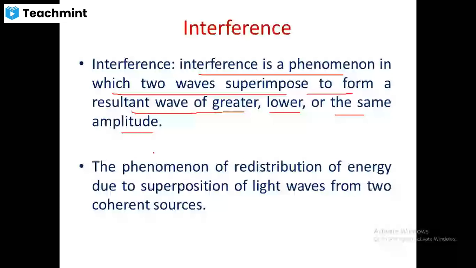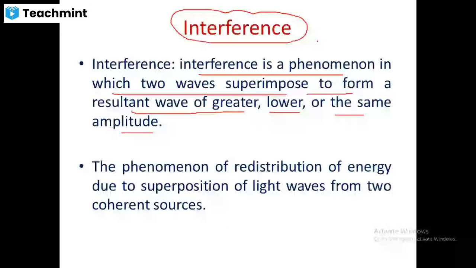Before trying to understand this definition, let's make it very simple and understand the meaning of the word. In physics, if you understand the meaning of the word properly, it is as good as understanding the topic 50% correctly. Remember this.